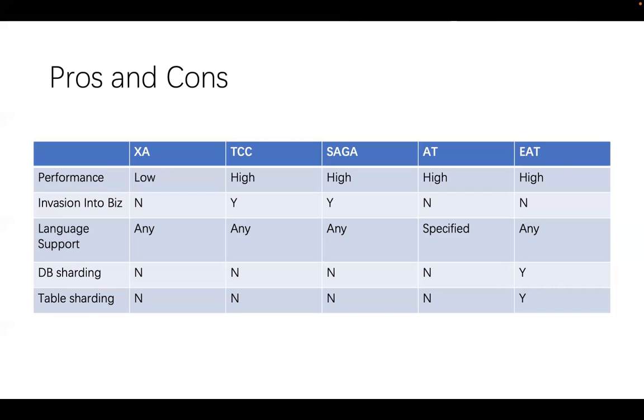So it does not support DB sharding and table sharding. And for the event-driven AT transaction, the performance is high, it has no invasion into the business, it supports multiple languages, and it also supports DB sharding and table sharding. In the next slide, I will introduce more.